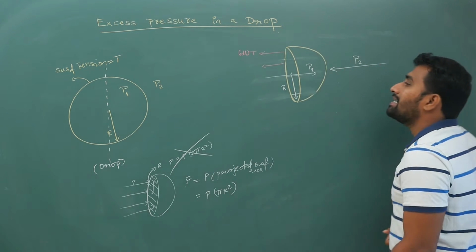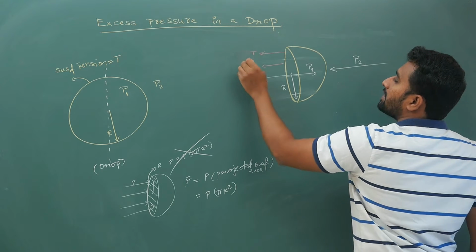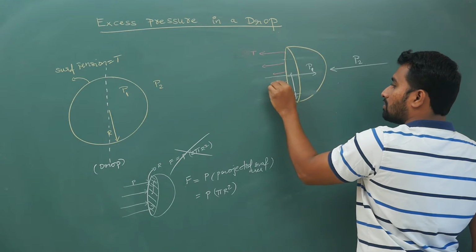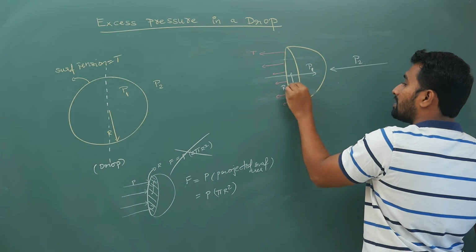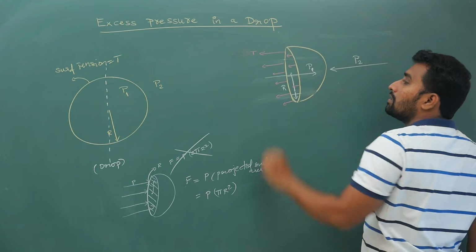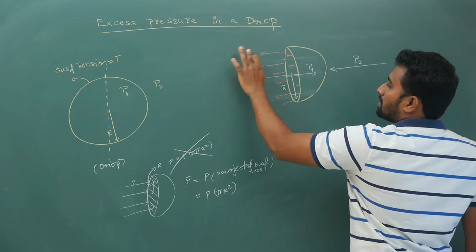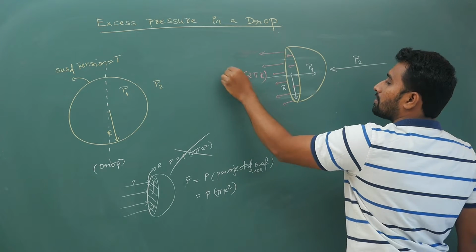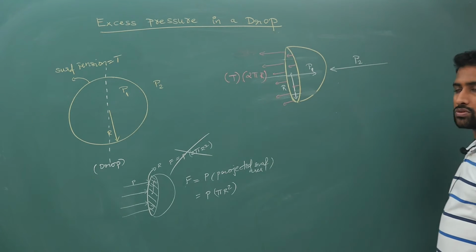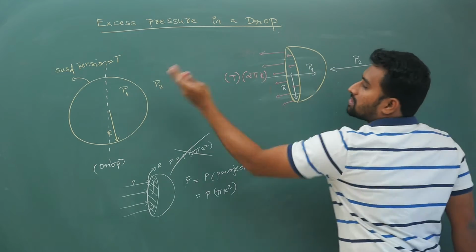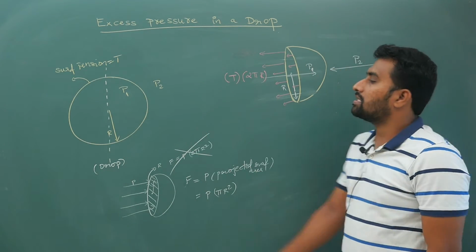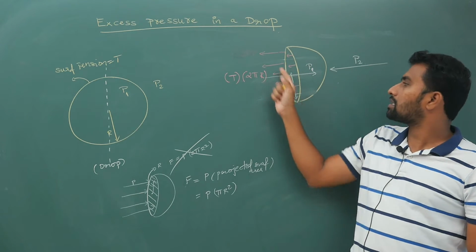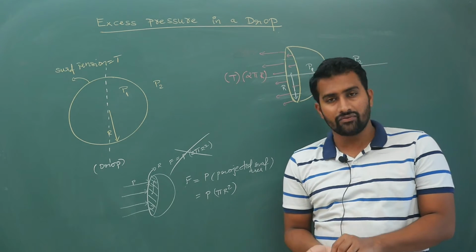Everywhere on this outer boundary it will act, so the entire force is T times 2 pi r, acting towards this portion of the liquid.